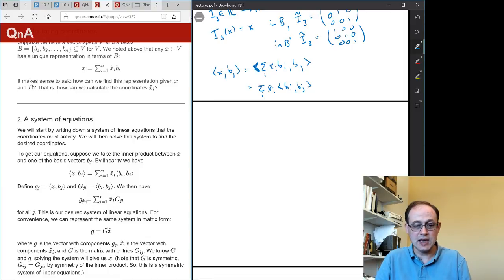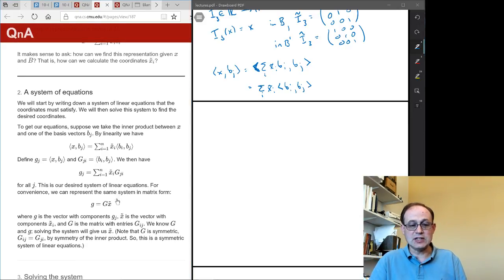If we take g to be the vector whose coordinates are gj, x tilde to be the vector whose coordinates are x tilde i, and capital G to be the matrix whose entries are Gij, then we get vector g equals matrix G times vector x tilde. This is our desired system of equations, and at this point we can solve the system to get our x tilde vector.